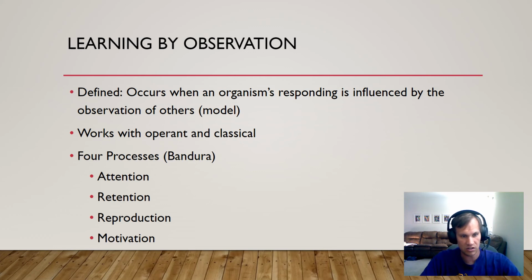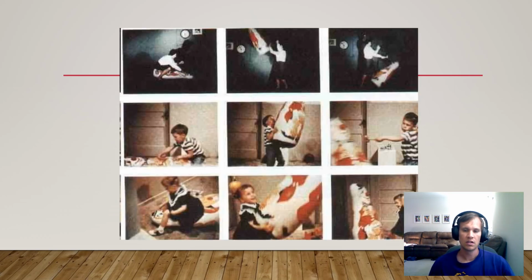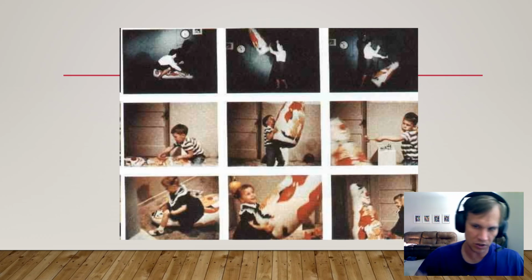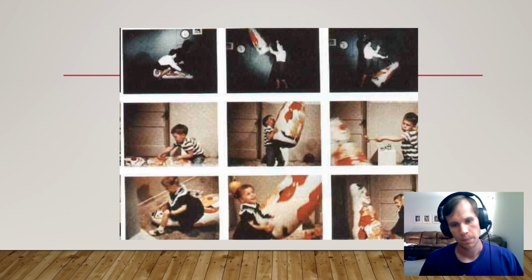So they pay attention to it, and then they retain it, they understand it, and then they reproduce that behavior. They are sitting playing innocently, and they watch the guy beating up on Bobo the doll and using the hammer, and then the kids start to do the same thing.